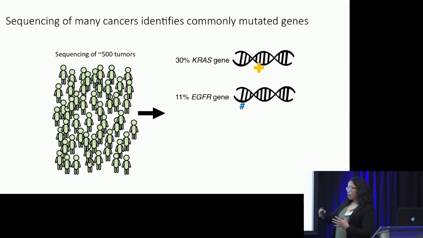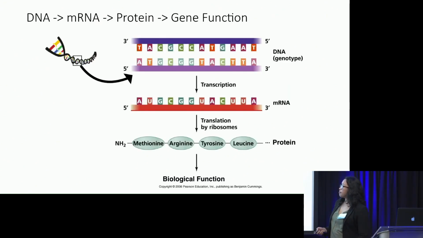And so when we sequence many patients, we can see what are the genes that are commonly mutated across many different individuals, and those would be the most likely genes to try to identify ways to treat because they're commonly found in many individuals. So if we can find a matching treatment for those patients, you can impact a larger set of patients.